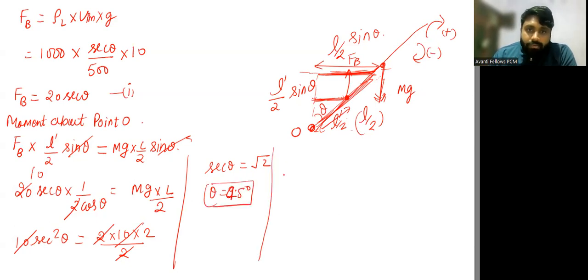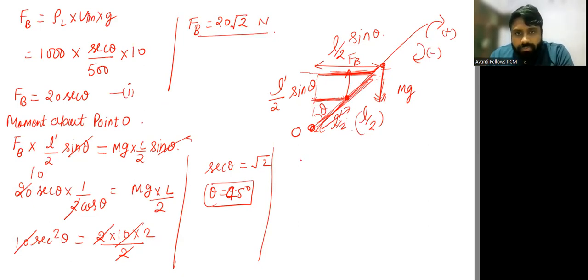Now, for vertical equilibrium, what will happen? This weight should be equal to this FB. So from here, theta is 45, and you can calculate FB. FB is nothing but 20 into root 2 Newton. Got it?